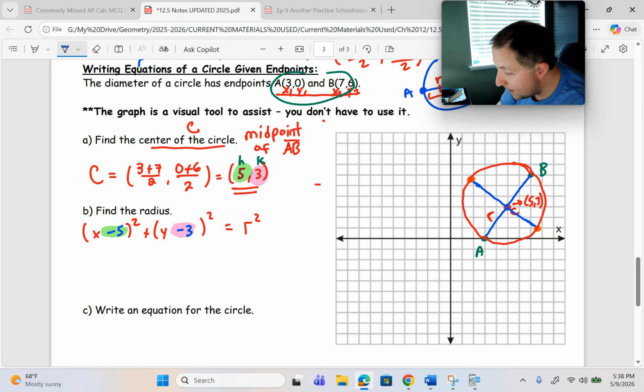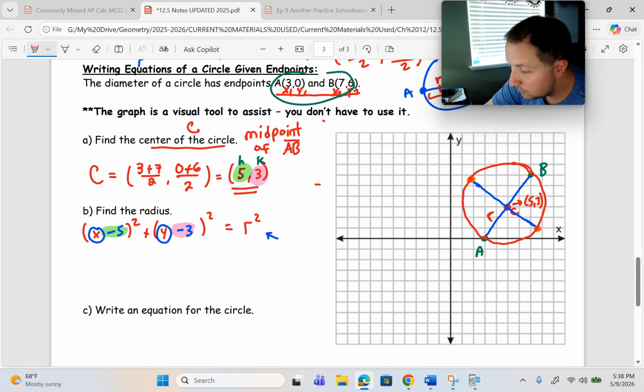Okay, and now, here's the thing. We're going to do exactly what we did in the last two examples. We're going to plug in a point that's on the circle, a point that the circle passes through. That's going to be x and y. We need to plug in numbers for x and y to help us figure out what r squared is. Well, what do we plug in for x and y? It has to be an ordered pair that's on the circle. In this problem, you actually have the choice of using one of two different points.